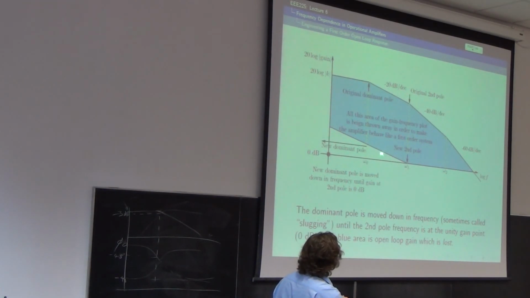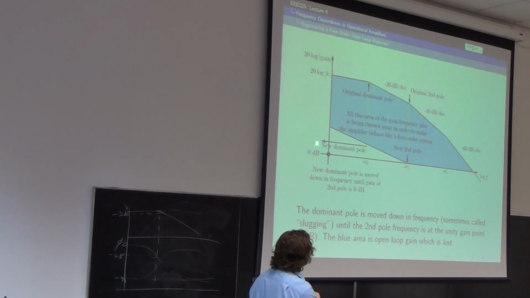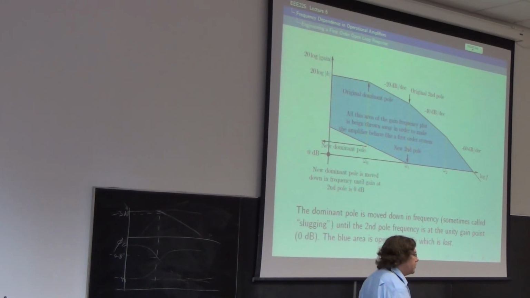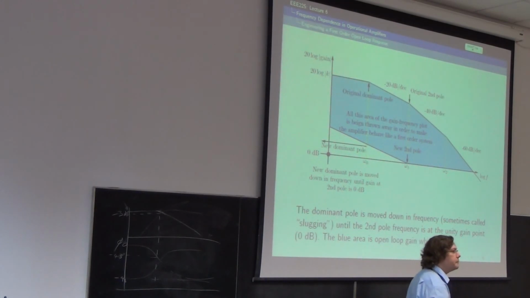And for all of the area in which I can have gain, I've got 20 dB per decade, which is one first order system. So by giving up the blue area, which is enormous, I can make my op-amp look first order, but have lower open loop bandwidth and open loop gain.